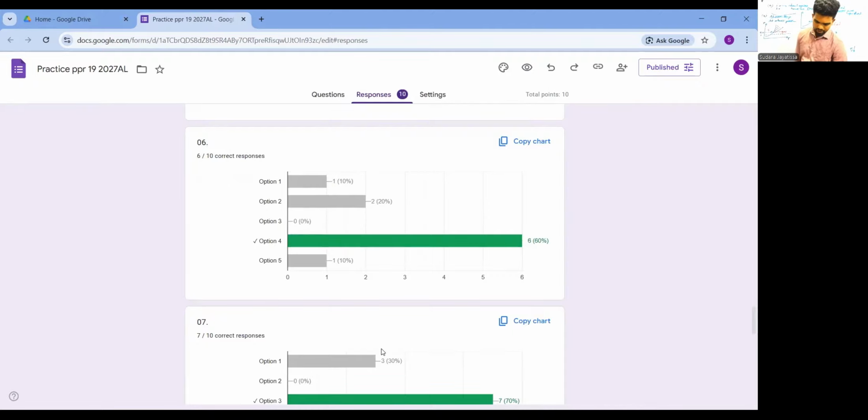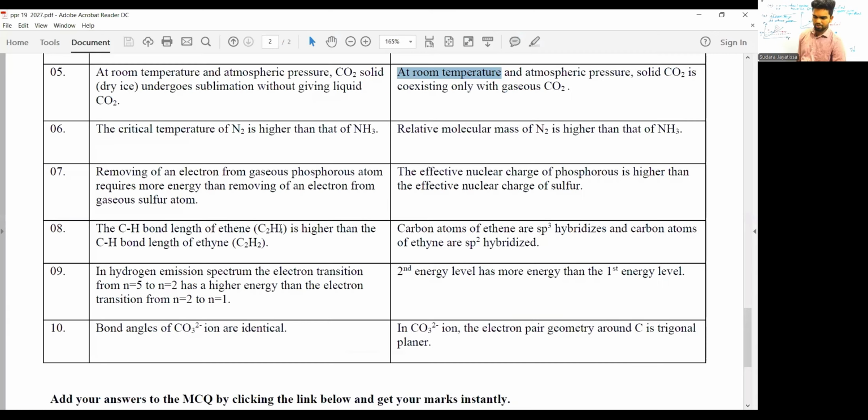Then look at the next one. Question number 7. Now questions 7, 8, 9, 10, those 4 questions I gave you just to make sure that you remember our first 2 lessons, atomic structure and bonding. Our previously concluded evaluation test discussion also contains several good questions. Maybe 30 or 28 questions are from these 2 lessons.